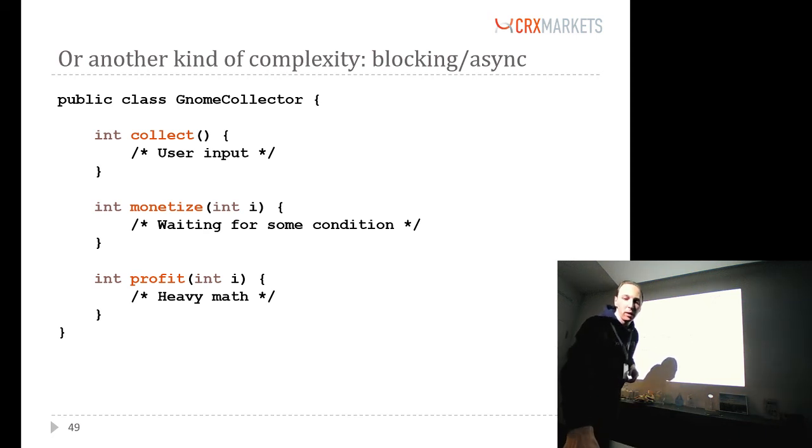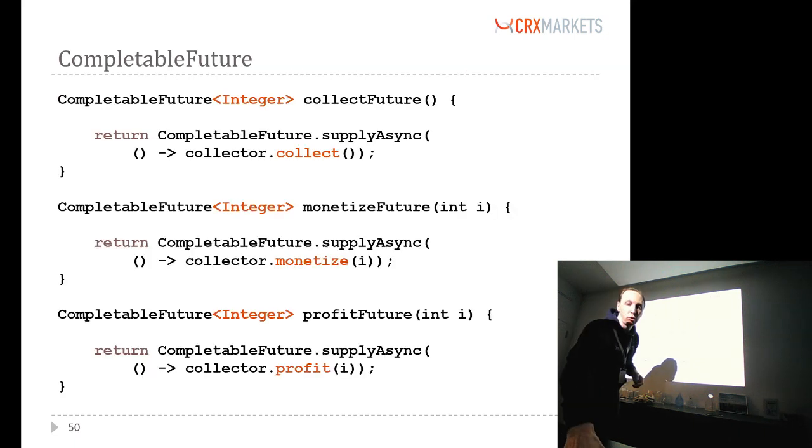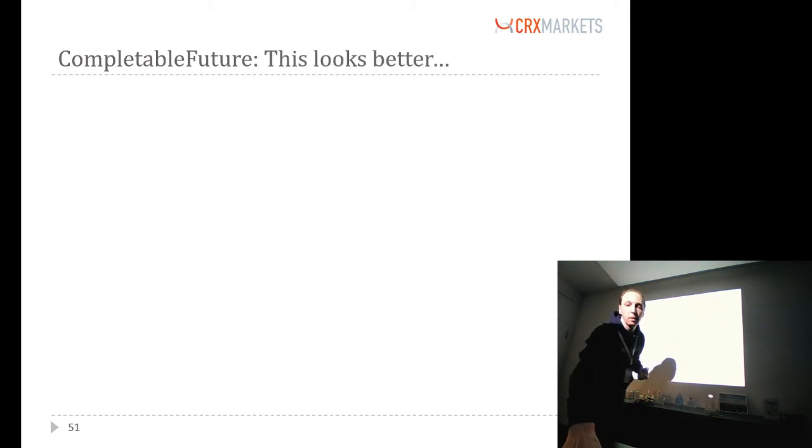So what can we do in Java? Well, we could use CompletableFuture. We could wrap these methods in the CompletableFuture. So each of these methods returns a CompletableFuture, which in Java are composable. So then you could write something like this.